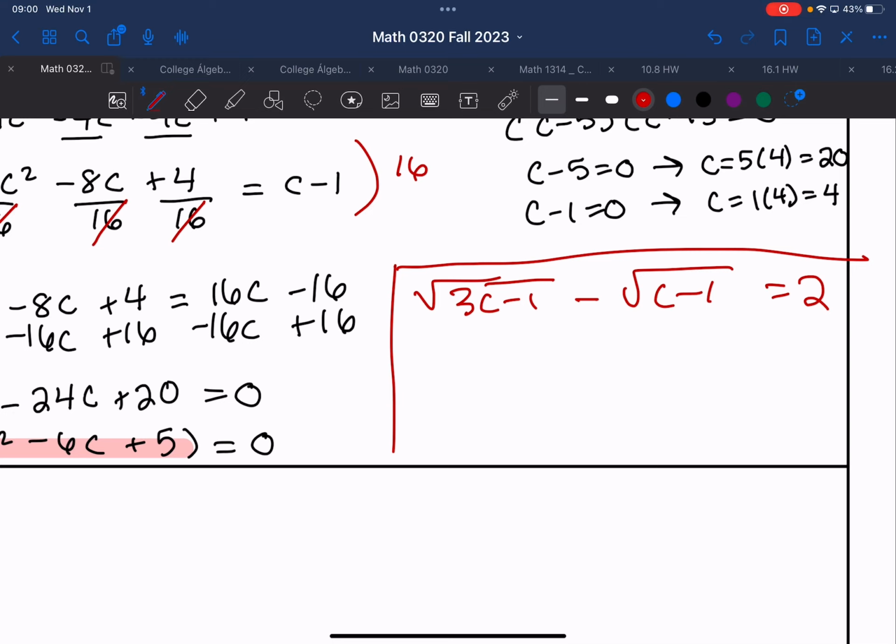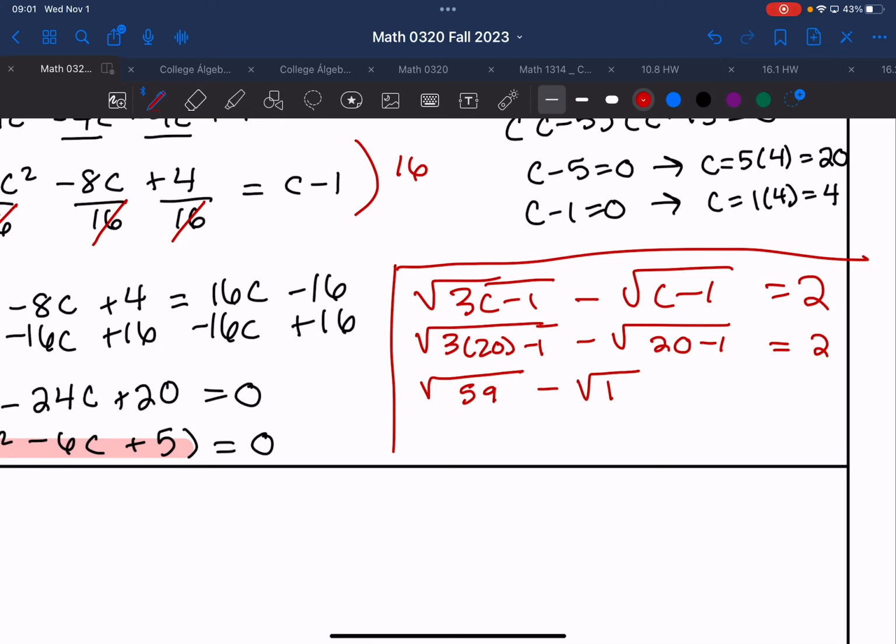So the square root of 3 times 20 minus 1 minus the square root of 20 minus 1 is equal to 2. 3 times 20 is 60. 60 minus 1 is 59. 20 minus 1 is 19.